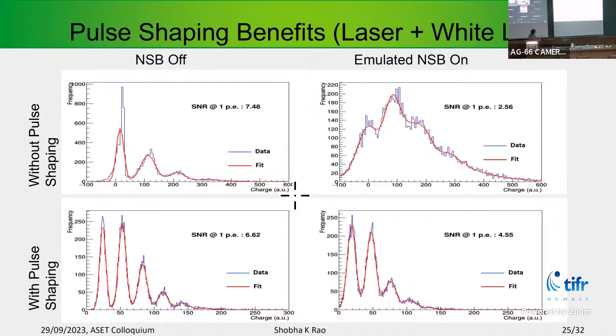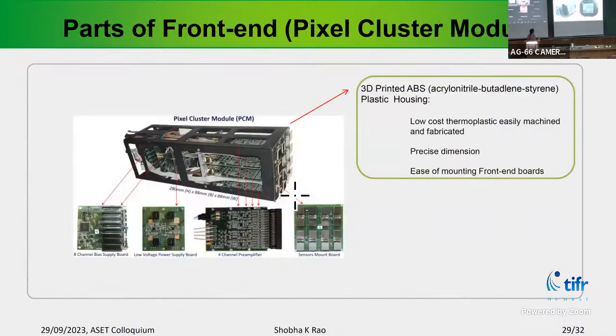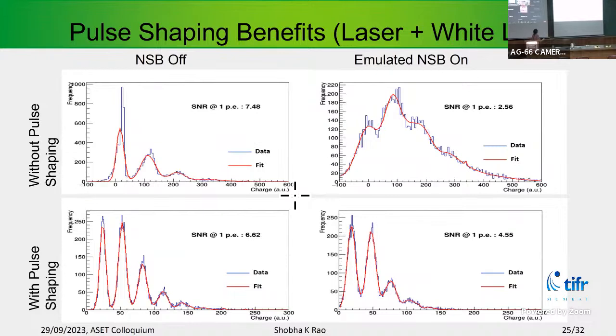Yeah, this will show the benefit of pulse shaping. Okay. Benefit of the pulse shaping, what we have done. So what we did is, using that white LED there, we could emulate our night sky background, and then without shaping, what happened when the night sky background is on?